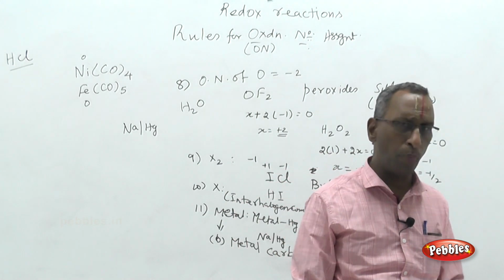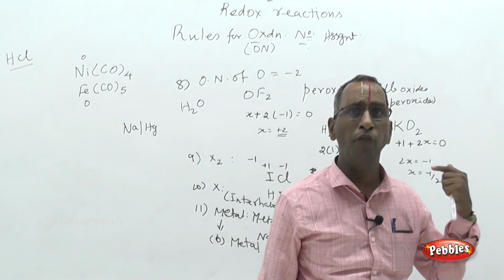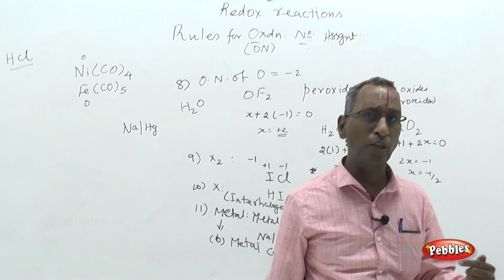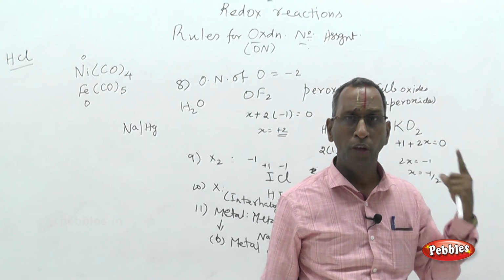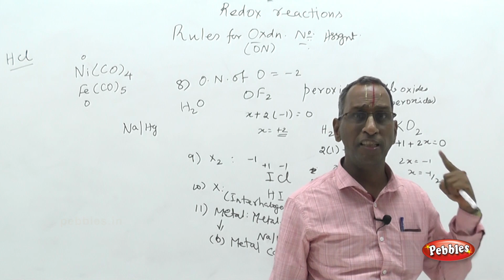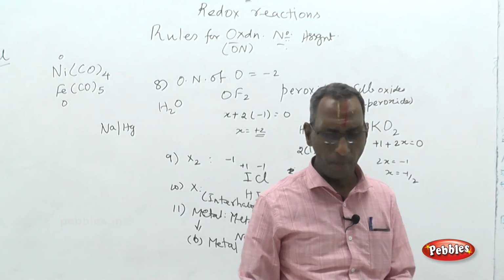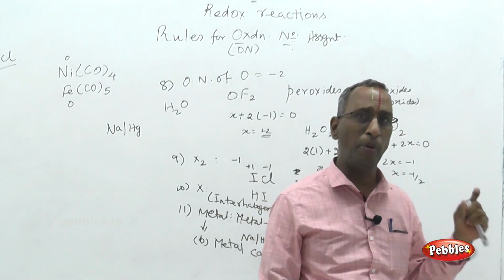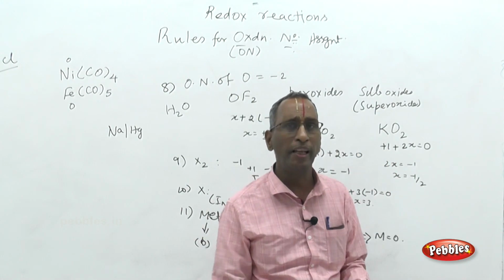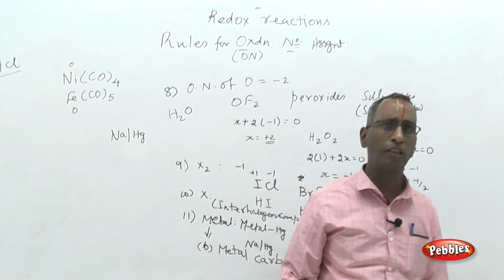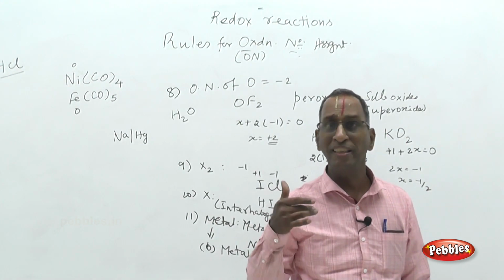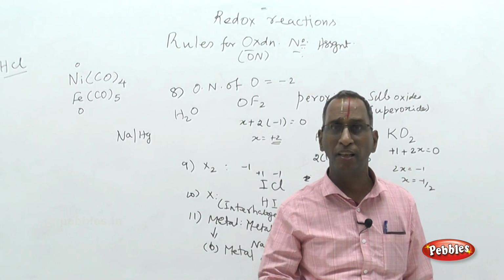These points are to be noted in calculating the oxidation number of a particular element in a compound. We have also seen that the oxidation state can be negative or even fractional, with some examples. What is the significance of calculating oxidation number?